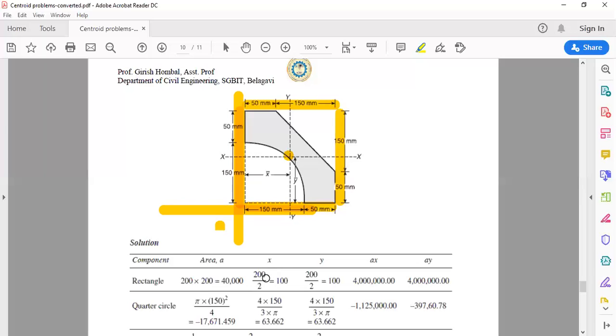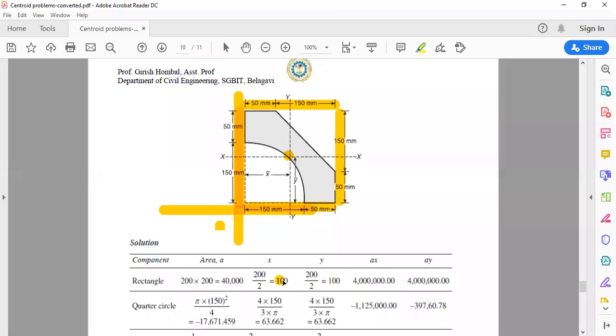So area is 200 by 200. Next, I want x bar. So x bar is calculated from y-axis to CG, that is individual CG, and we know that it is 200 by 2 for rectangle, or b by 2, which we have already stated. So it is 200 divided by 2, which is 100.